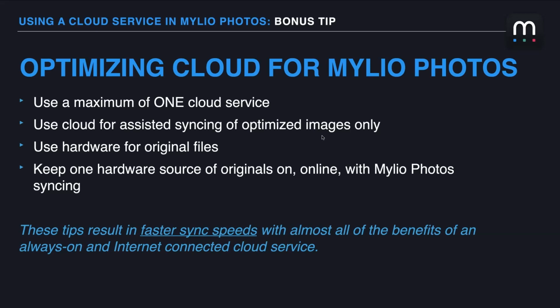So you can decide which images you want in that cloud service. That also lets you use a lot less storage in the cloud service, so you pay less. And then make sure you're using hardware for your original file. So hardware meaning a viewing device or a storage device that's a hard drive or potentially a NAS.